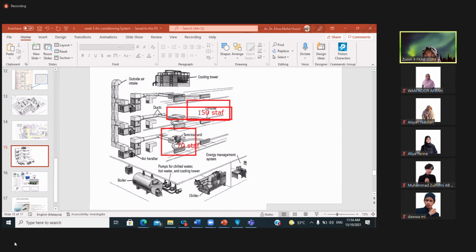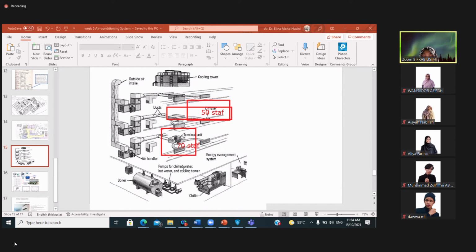But of course, if the room is small, only 3 or 5 people, then it's suitable to use the split unit system. Otherwise, how many plant rooms would there be in the area? If Aisyah says, I want to have my own plant room, and Dawa says, I want my own plant room, who is going to take responsibility for the building maintenance?